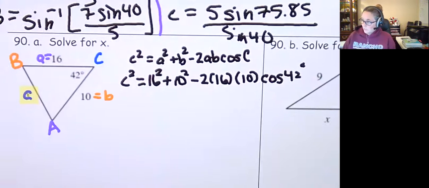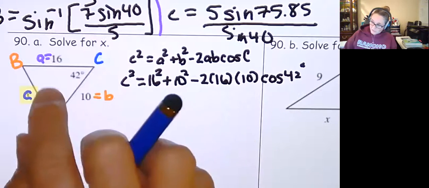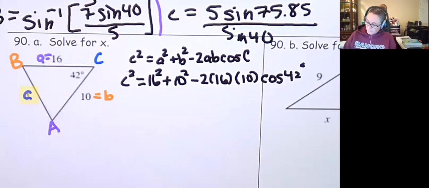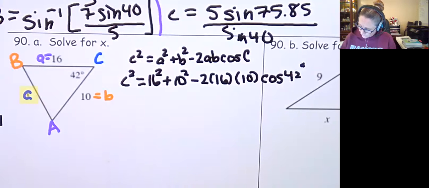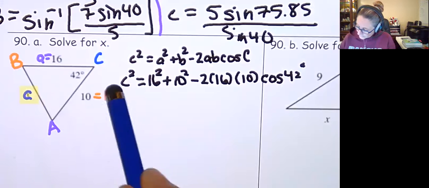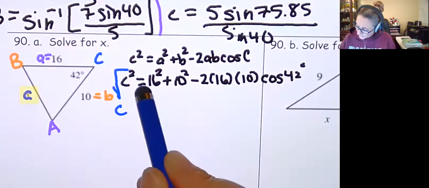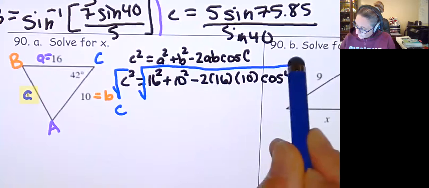And since I want c, well, really x, but I'm having c be my x, not c squared, I'm going to take the square root. So I am going to take the square root of this side, which would give me c, and then I'm going to take the square root of this side.